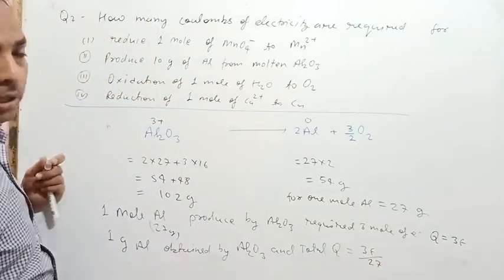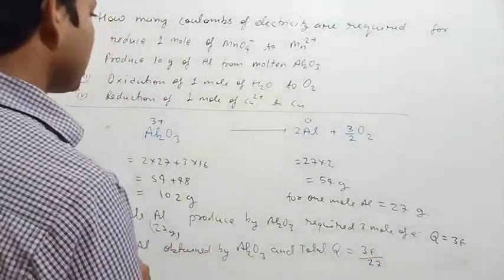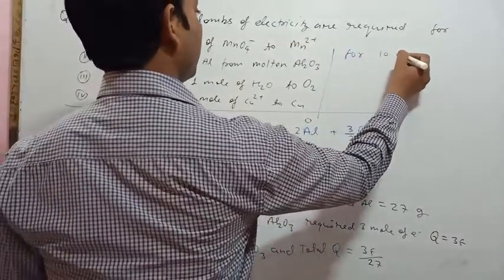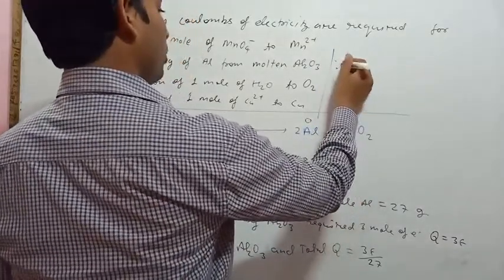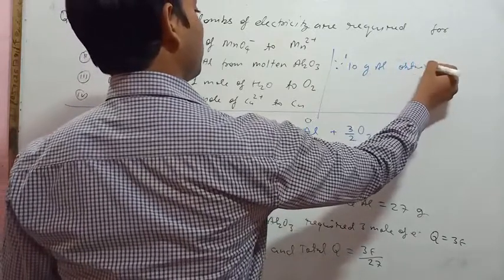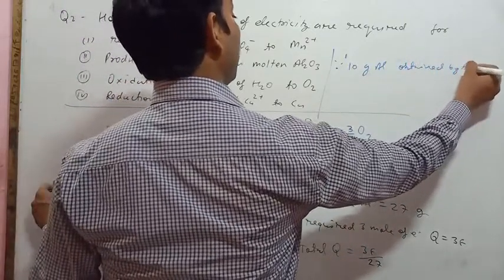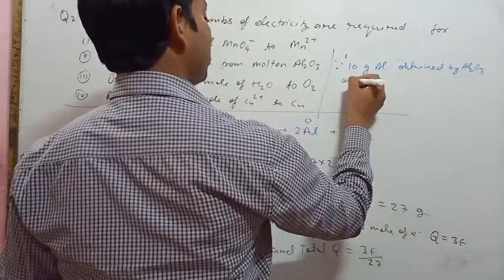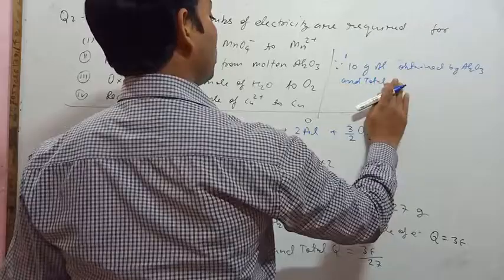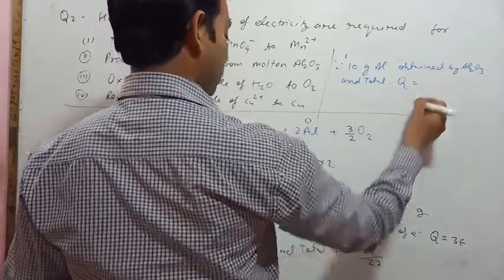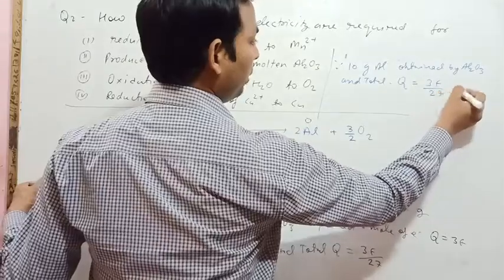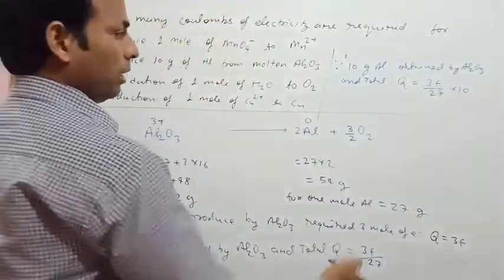The question asks for 10 gram, so for 10 gram of aluminum obtained from alumina, the total charge required Q equals 3F upon 27 into 10.